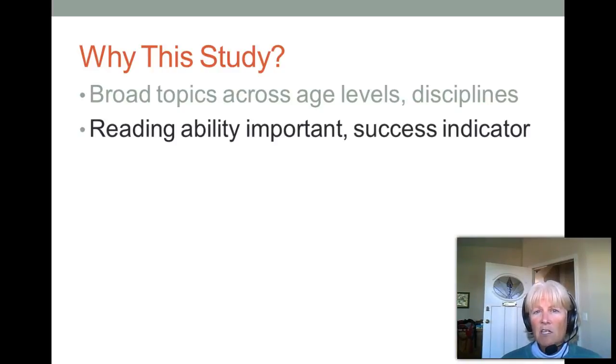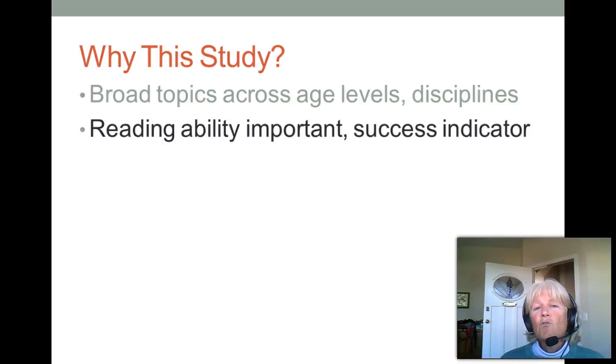Secondly, and kind of related to that, the ability to read is a very critical component in terms of a person's success in education in general, and because level of education is also tied to income levels throughout a person's lifetime, it means that the ability to read is also tied to a person's ability to succeed in life.